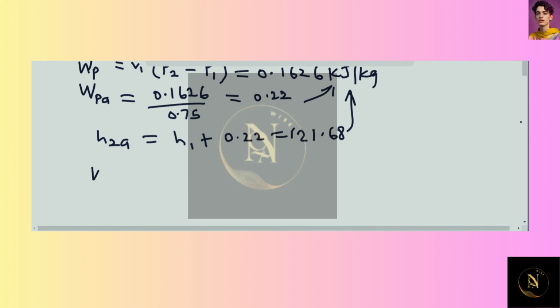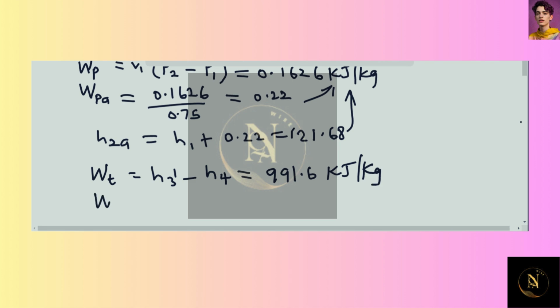You can go ahead and look for the turbine work. It's going to give us H at 3 prime minus H at 4. We plug in the values there, and have 991.6 kilojoule per kilogram.